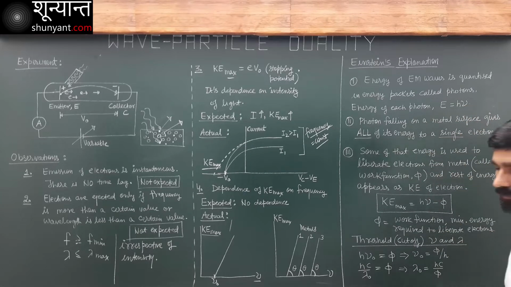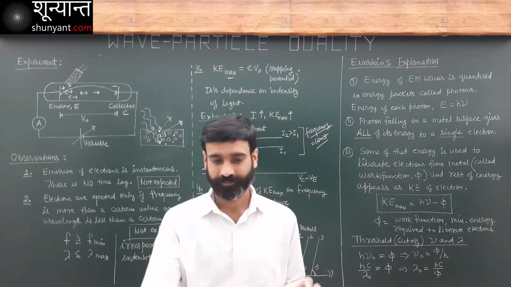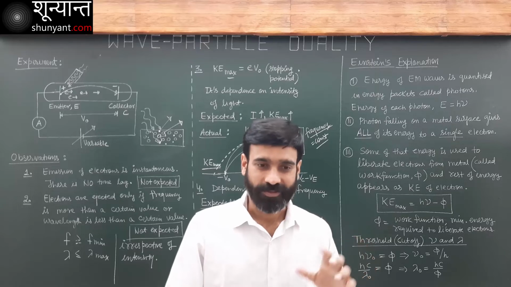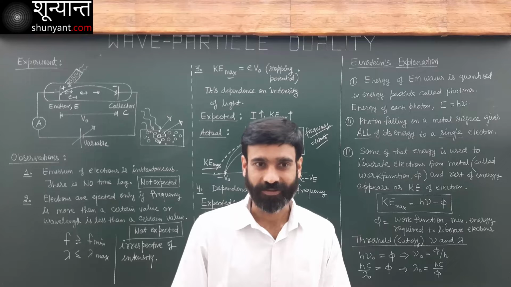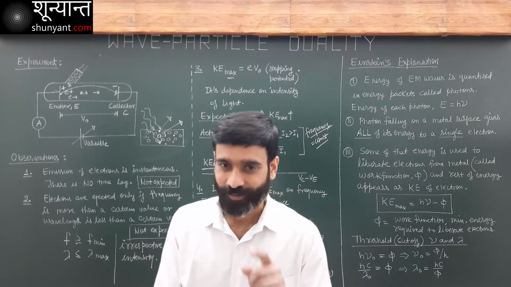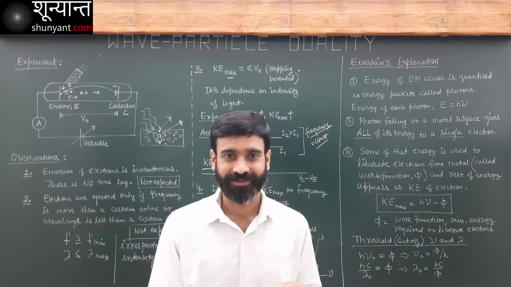Now, second, the most important one. Electromagnetic wave. To explain the photoelectric effect, do not think of electromagnetic wave as a wave. Think of electromagnetic wave as a wave when you want to explain interference and diffraction.